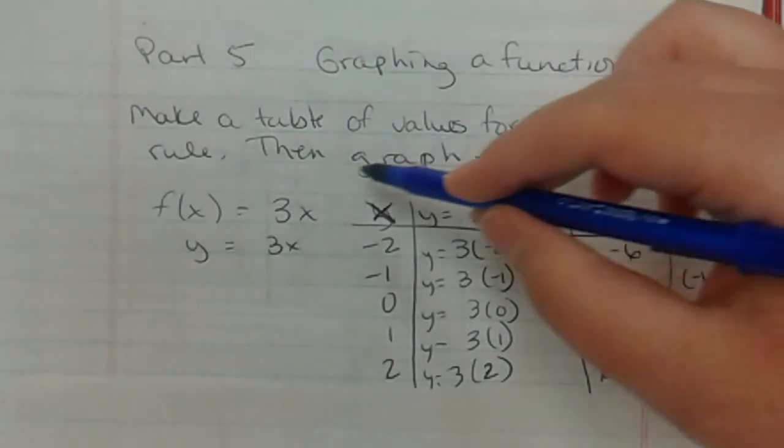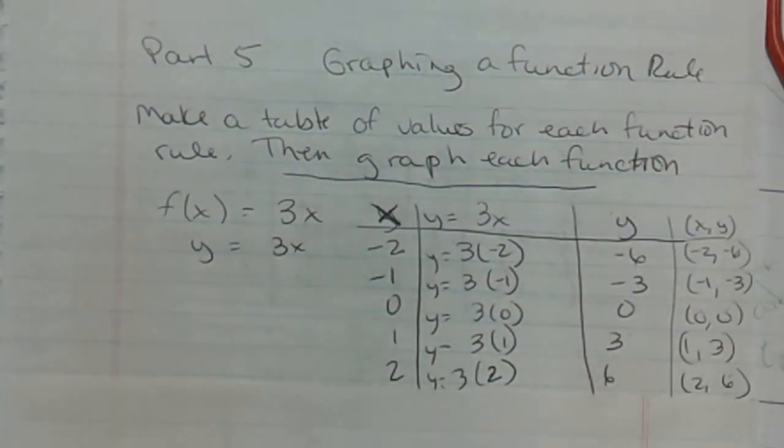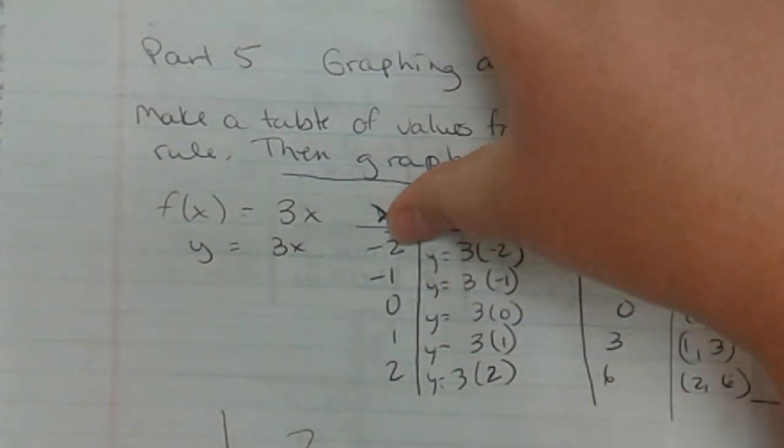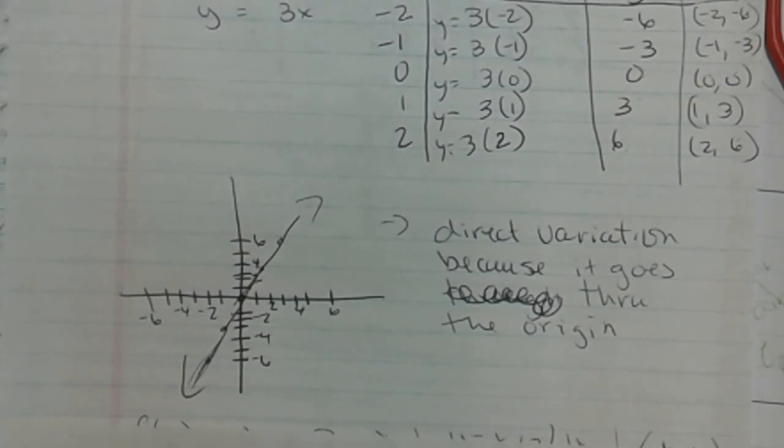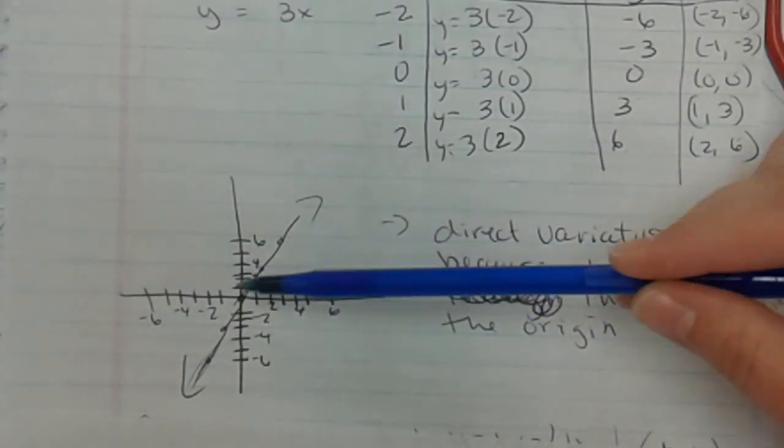The next step, which is really important, is to graph each function. I would encourage you to use graph paper, and if you need graph paper, there is some behind the podium. I went ahead and graphed it, and I expect you to graph the same way, on graph paper, labeling your numbers.